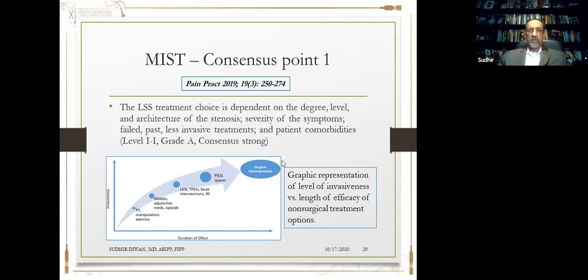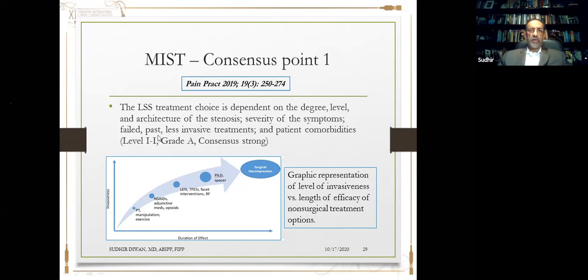This is the algorithm that we usually use for our spinal stenosis treatment: PT and non-invasive, non-medicinal options first, then NSAIDs and adjuvants, then epidurals, then minimally invasive procedures, and then surgery. Up until now, if epidurals didn't work, the patient went to surgery. But now we have one more thing to offer before very extensive surgery.